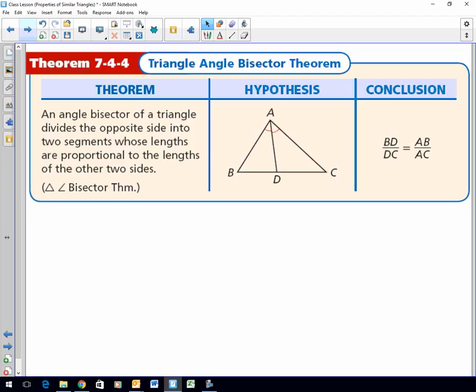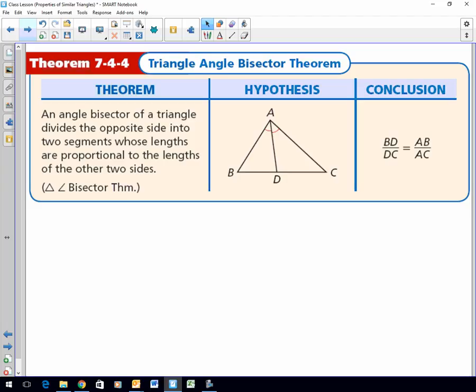Just out of curiosity, what does an angle bisector do? Splits the what? The angle bisector splits the angle into two what? Two.